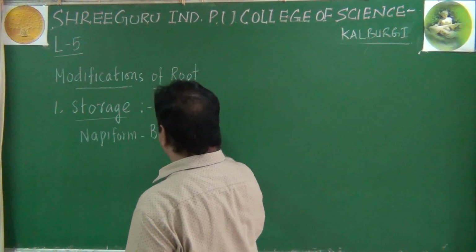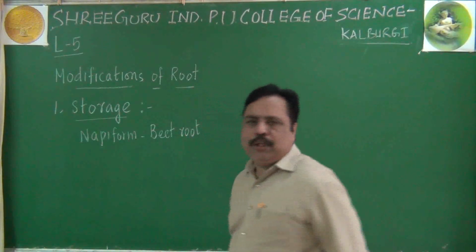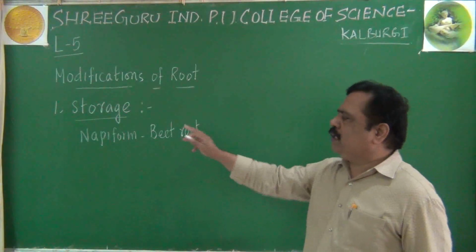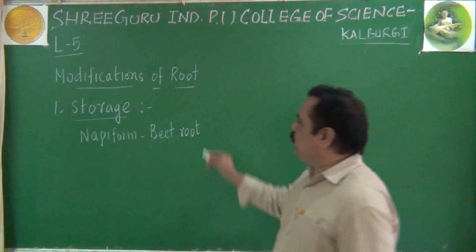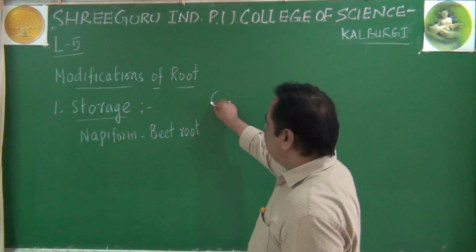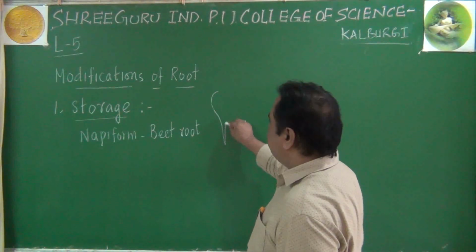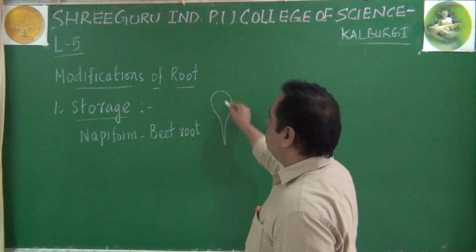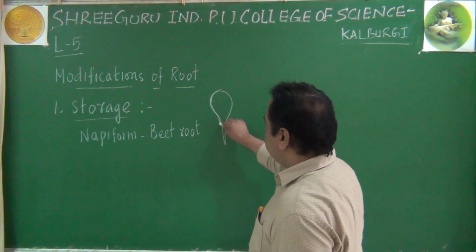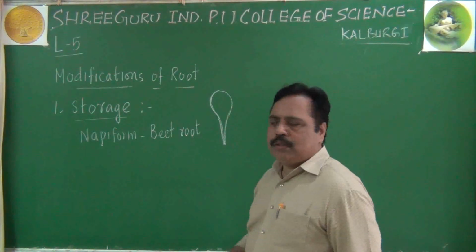Beetroot, which is used as a vegetable in our day-to-day life, comes under napiform modification, in which the base will be bulged and it will be completely tapering like this. This type of modification is found in beetroot.